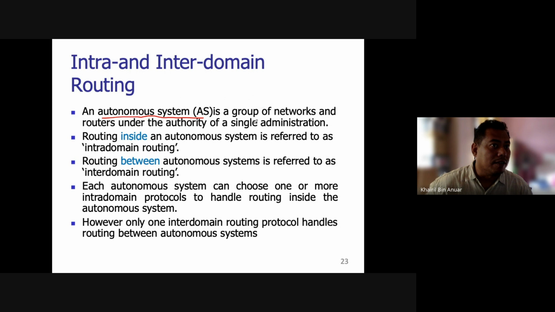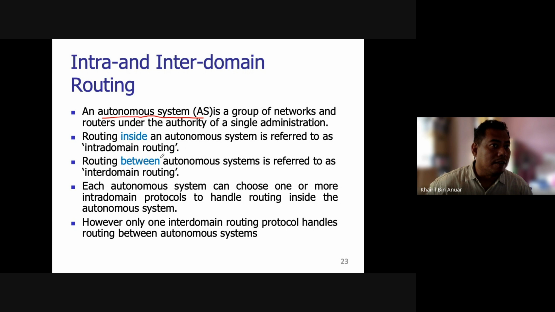The routing inside the autonomous system is referred to as intra-domain routing. If you are managing inside the network, that is intra. Then routing between autonomous systems is referred to as inter-domain routing.